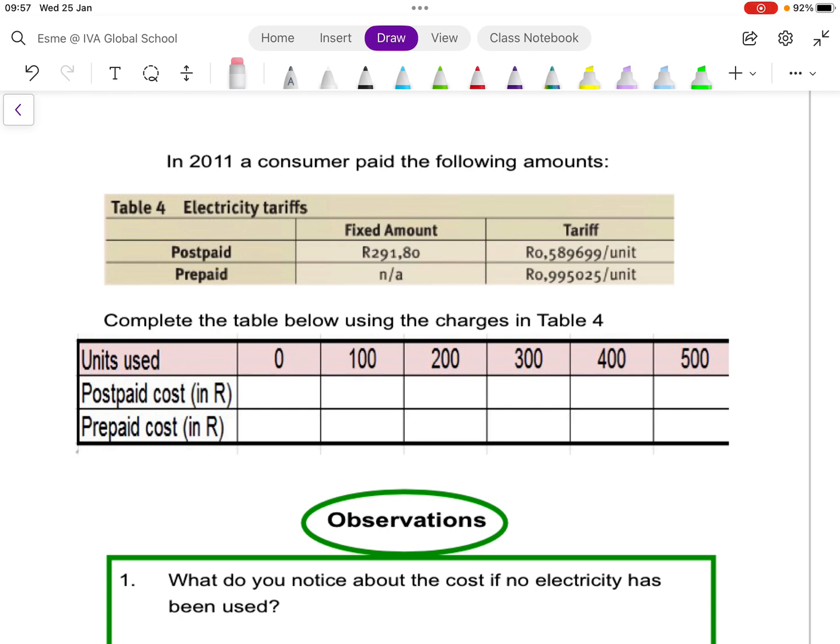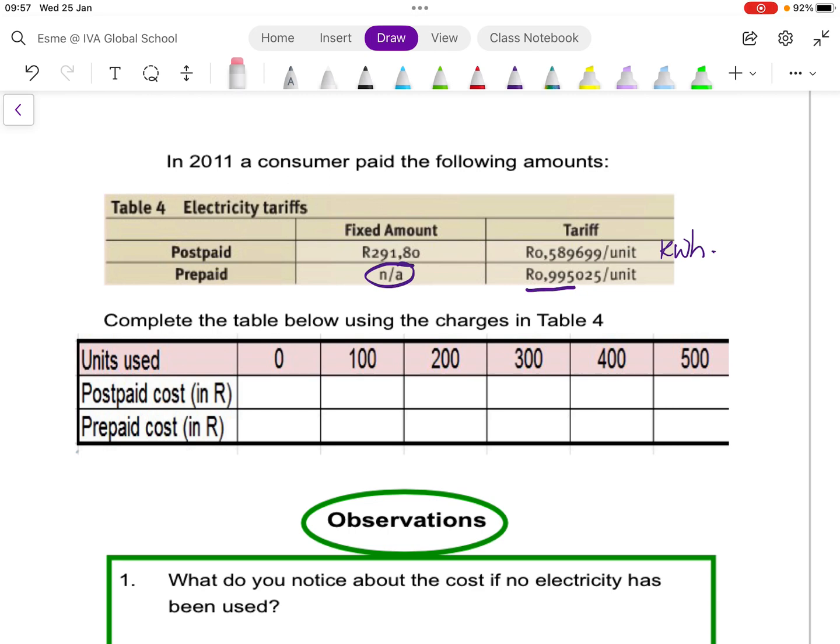And you can see, just as we said, the tariff for postpaid is only about 59 cents per unit, and the unit for electricity is kilowatt hours. Whereas the prepaid, there's no initial cost, but you are paying nearly R1, 0.995025 per unit, which is R1 basically per unit.